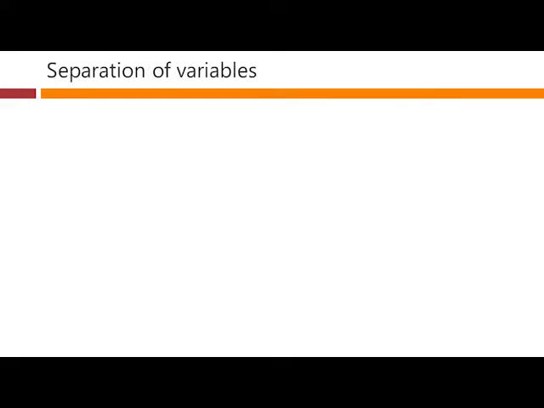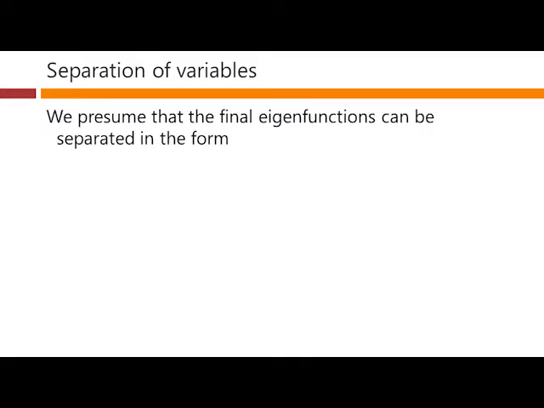Now, to proceed with this, we have to separate some variables, and we use the same standard technique that is always used in separating variables. We presume that the final solutions to this equation, the eigenfunctions, can be written in some factorizable form.